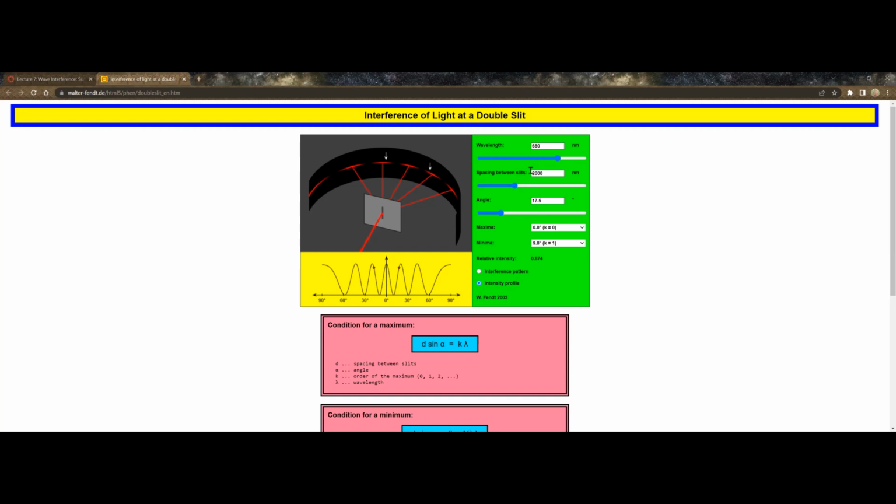If I go from 2000 to 1000, I should see the fringes get farther apart. And they do. If I increase it, I get closer fringe separations. So it's exactly what we're expecting to see here.